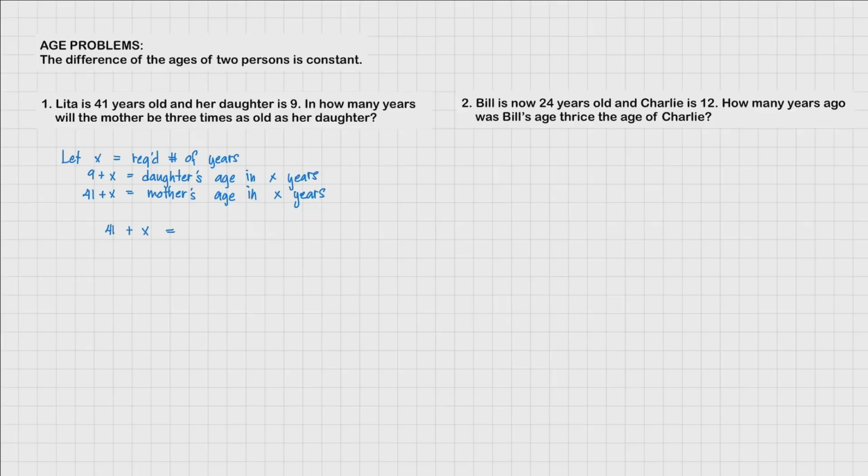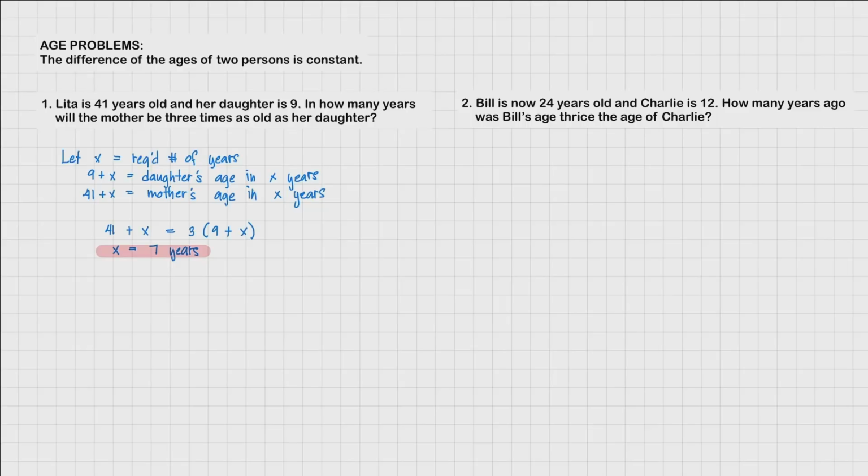And it should be equal to, as stated in the problem, 3 times as old as her daughter. So that's 3 times the daughter's age in x years, which would be 9 plus x, right? So, solving for x, our x would now be 7 years. So that is our final answer. So in 7 years, our mother would be 3 times as old as her daughter.